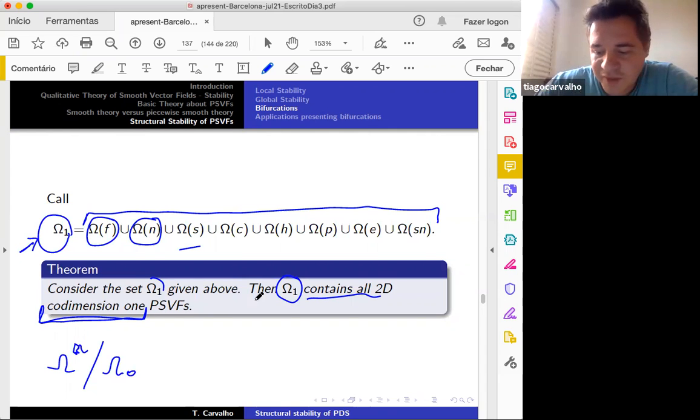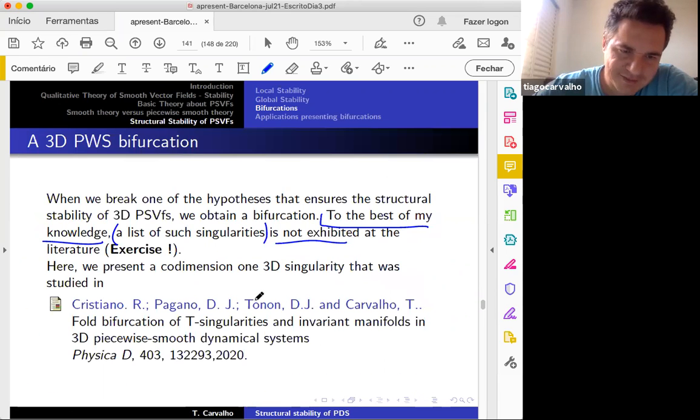To the best of my knowledge, there isn't a complete list of codimension one three-dimensional piecewise smooth vector fields. And this is an exercise for you, okay?